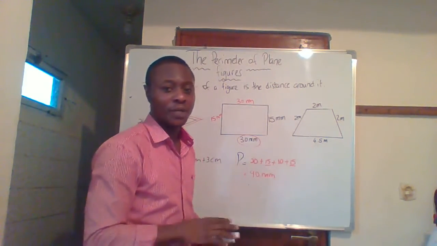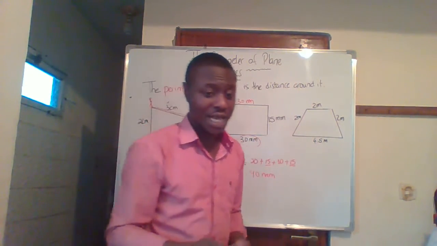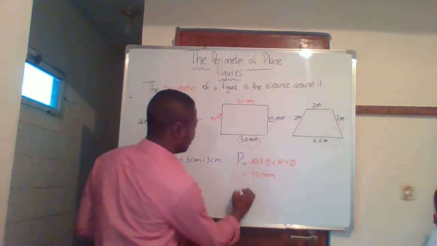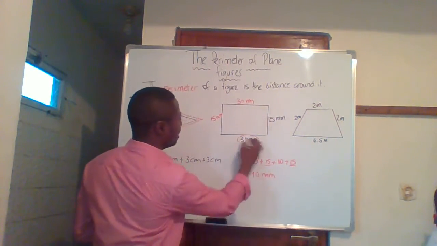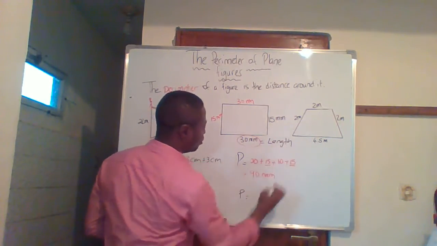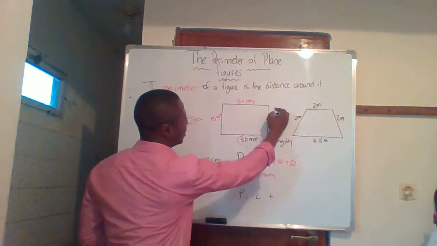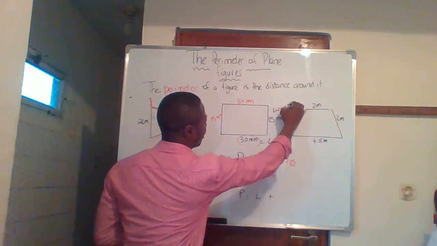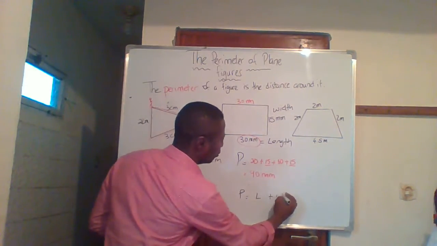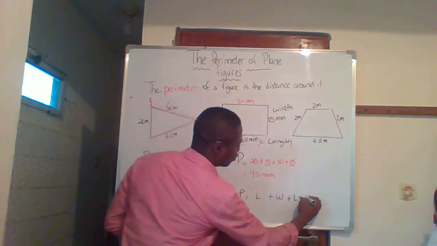So for the rectangle, it's easy to determine what the perimeter is. There's a special formula for the perimeter of the rectangle. The perimeter of the rectangle is given by the longer side, which is called the length, represented by L, plus the shorter side, which is called the width, represented by W. So you have length plus width plus length plus width.